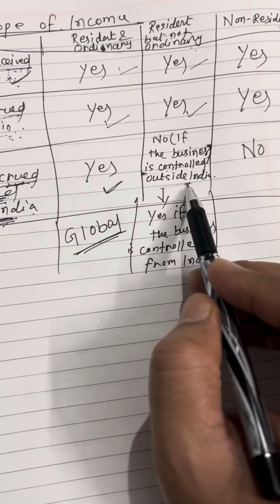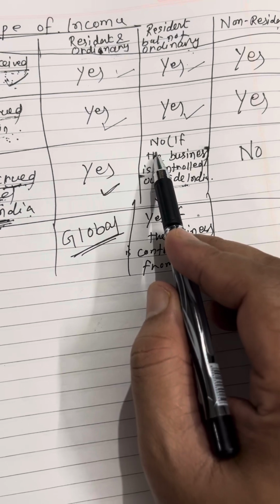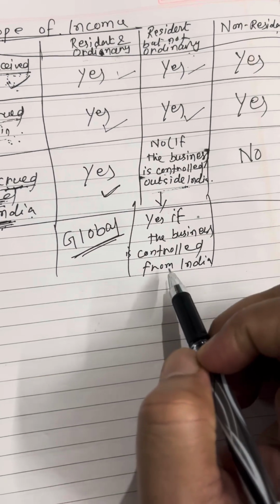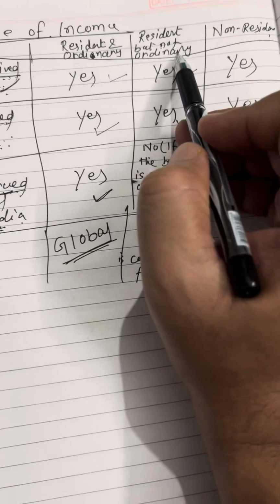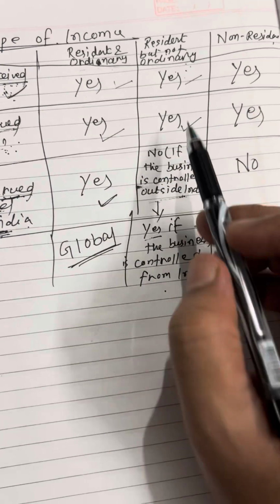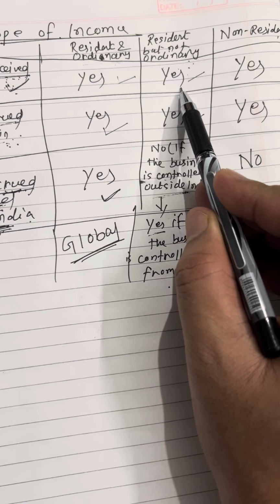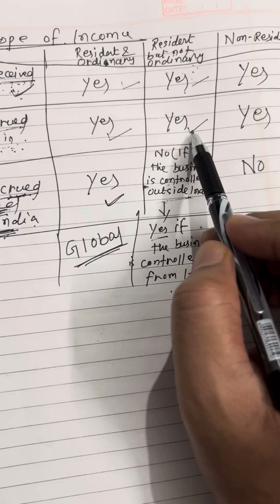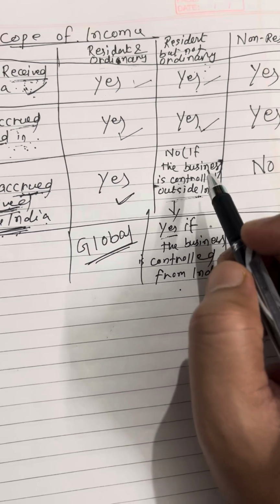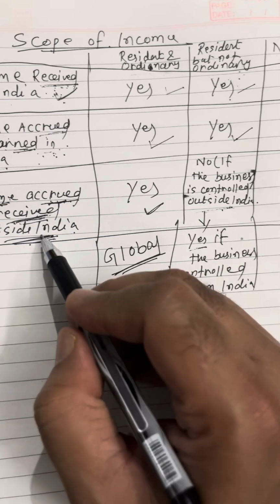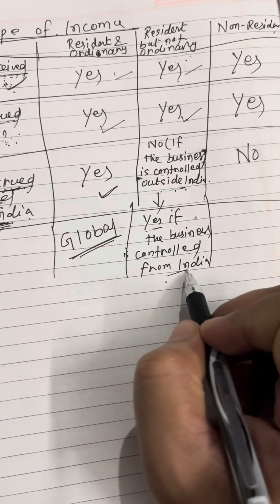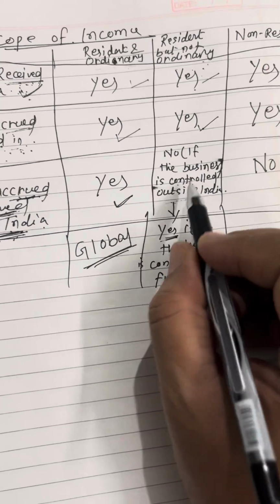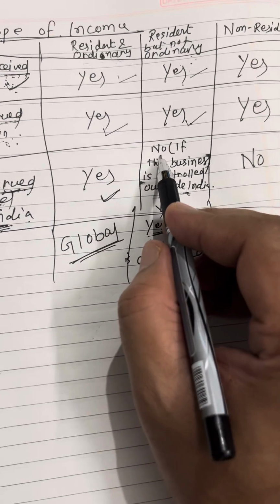If controlled from outside India, you don't need to pay tax in India. If it is controlled from India, you have to pay tax in India. Resident but not ordinary resident: received in India, tax. Accrued in India, taxable. Received and accrued outside India, only if your business is controlled from India you have to pay tax. If not controlled from India, you don't need to pay tax.